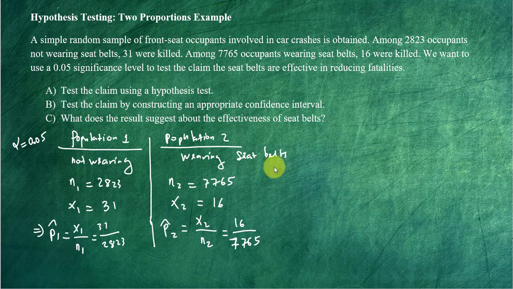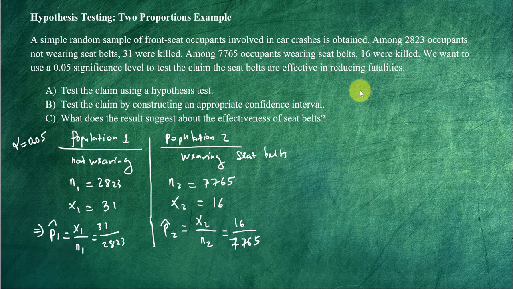Now it is time for us to check the requirements. Make sure that the sample proportions are from two simple random samples, which is what the problem gave you, and make sure that the samples are independent. That means the sample values selected from one population are not related to the other population. This is also true. And then we need to make sure that there are at least 5 successes and 5 failures.